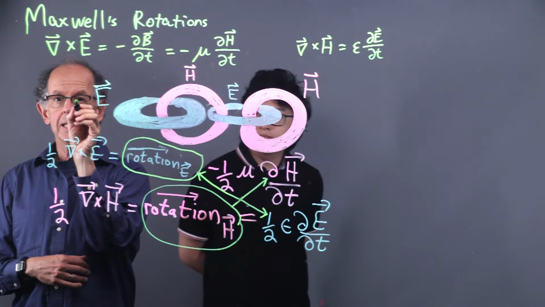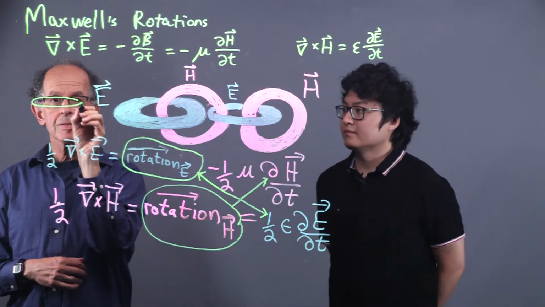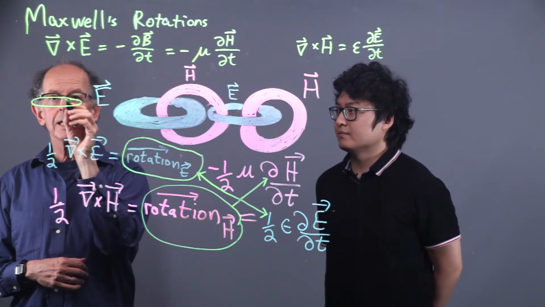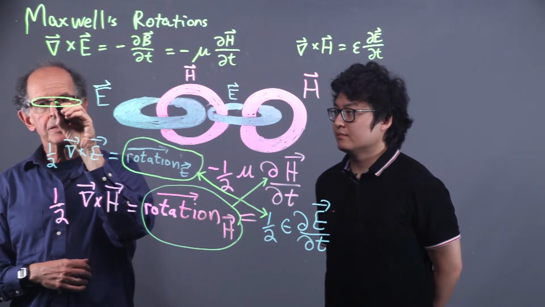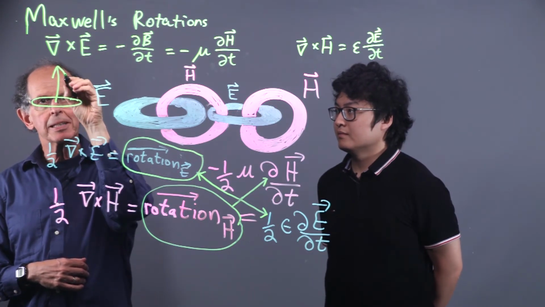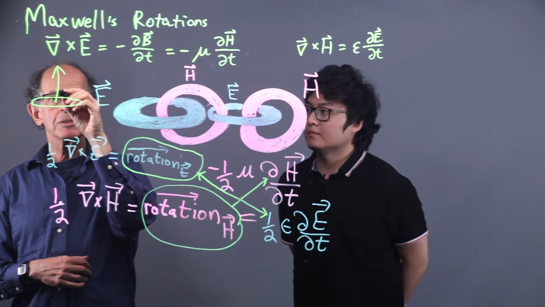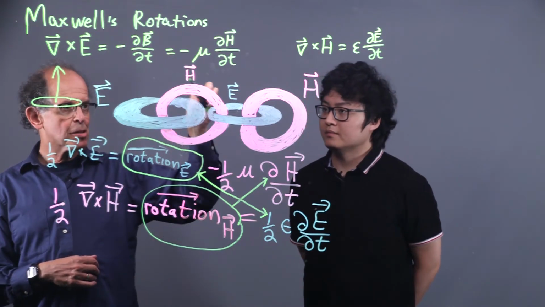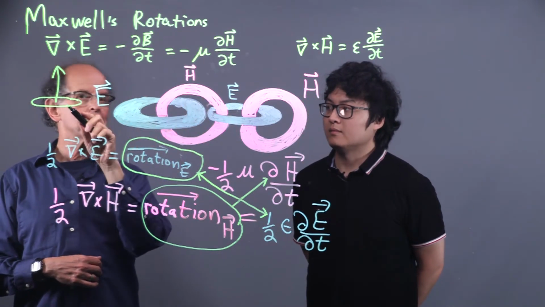If I have E, like this, rotating around, then when I take the curl, I get a vector that way. And that vector is related to H. It starts to close on itself. I haven't shown that.